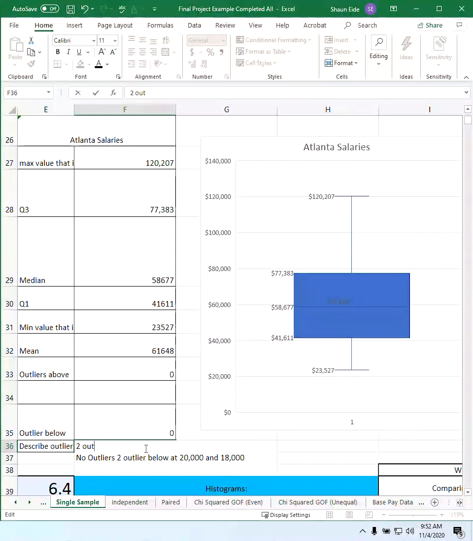Okay. And if you have a lot of outliers, what you would say is there are 5, there are 10, there are 20 outliers above ranging from 122,000 up to 190,000, just theoretically. So that's how I would ask you to do that.